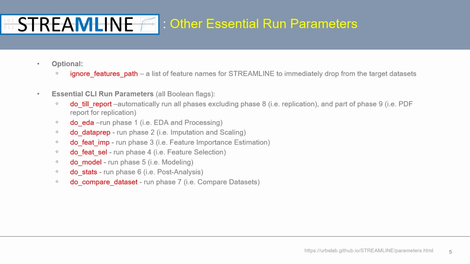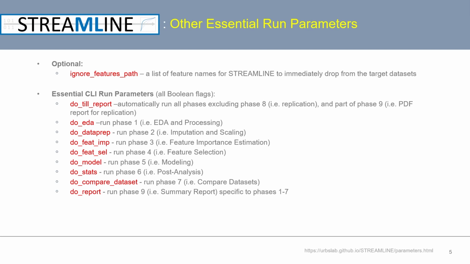The following 7 parameter flags allow the user to specify a subset of the phases to be run if DoTillReport is false. These include doEDA to run phase 1, doDataPrep to run phase 2, doFeatureImp to run phase 3, doFeatSel to run phase 4, doModel to run phase 5, doStats to run phase 6, and doCompareDataset to run phase 7.